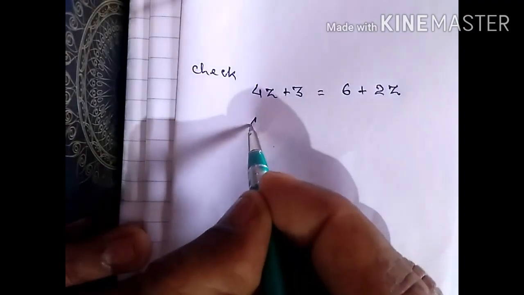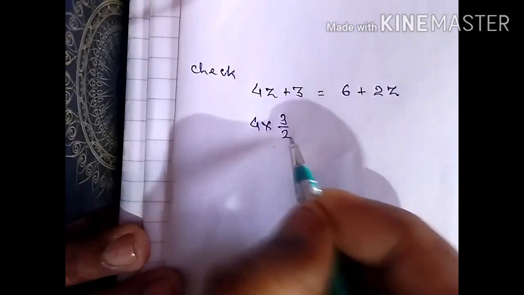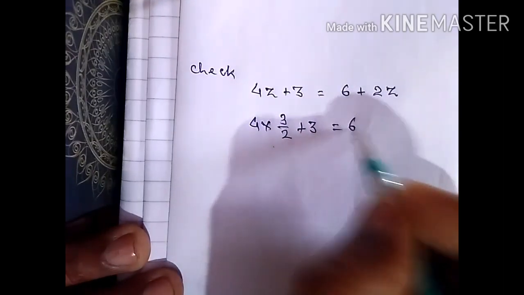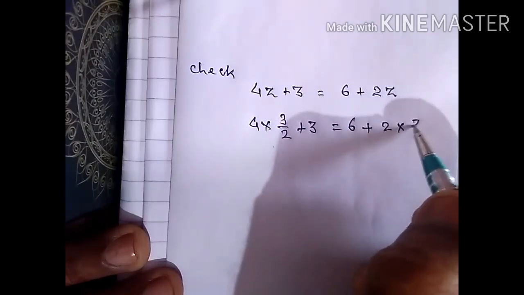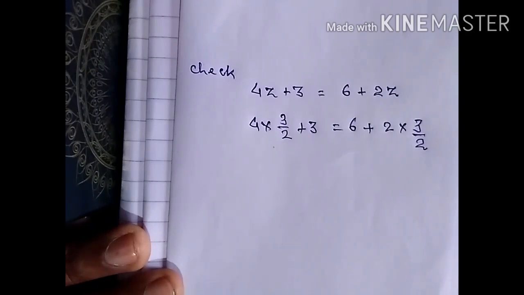So student, 4 into 3 by 2 plus 3 is equal to 6 plus 2 into 3 by 2, because z is equal to 3 by 2.